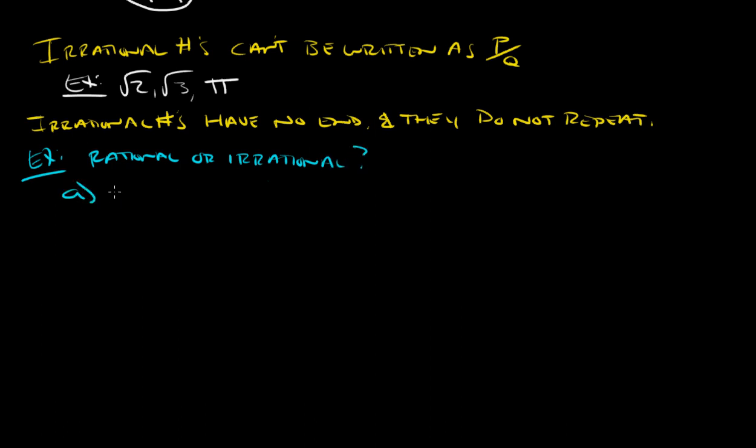Let's do A, and we have 7.31256, and then B is, I don't know, let's do square root of 71. Okay, so this one over here, again, it's a long decimal, but notice that it actually ends. Since it ends, that means that this is a rational number.